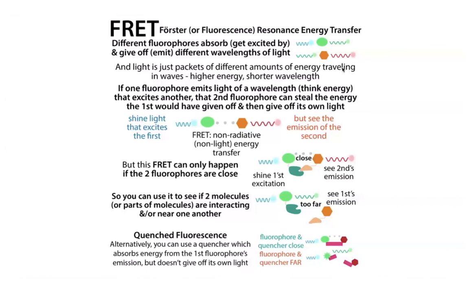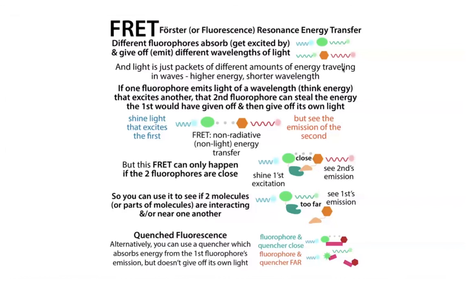In order to get FRET, these things have to be close together. Close enough together that the energy can actually just jump from the first thing to the second thing without light from the first thing even being given off. And so that's what FRET is: this non-radiative, or non-light, energy transfer. It can only happen if they're really, really close, within like 10 nanometers at the greatest distance.